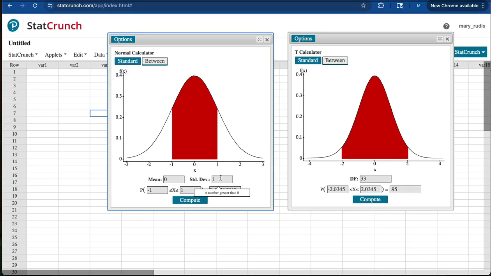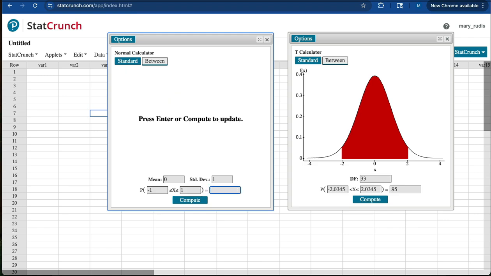Yes, you do, because we're looking for a critical Z value, if you recall. So our critical Z value means that we're actually looking for our standard normal here, which means that our mean is 0 and our standard deviation is 1. So yes, we do know what those numbers are. And I don't know why this is popping up on me, but it's been doing that.